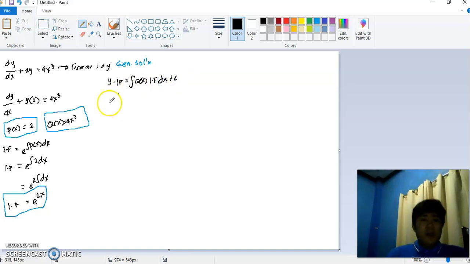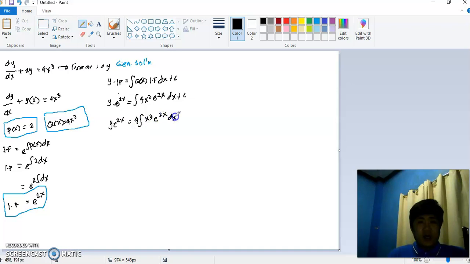Very good. Now we need to substitute. The integrating factor is e raised to the power of 2x, and q of x is 4x cubed. So we have y e to the 2x equals the integral of 4x cubed times e raised to the power of 2x dx plus c. Moving the constant outside the integral sign, you have 4 times the integral of x cubed e to the 2x dx plus c.